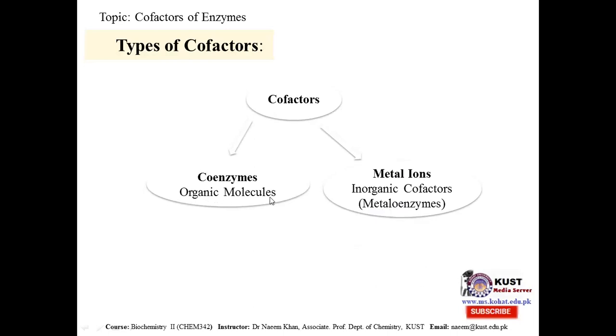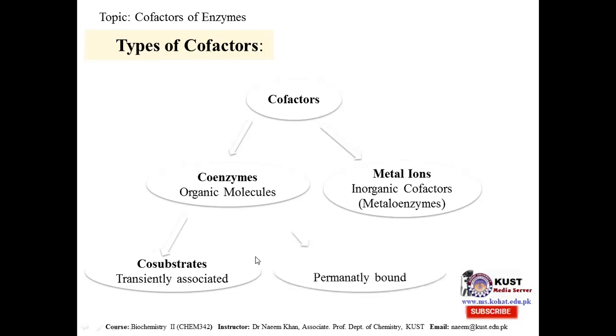organic molecules. Generally, they are termed coenzymes. But among the organic molecules, some are just co-substrates, meaning they are transiently associated with the enzyme for catalytic activity. They are termed co-substrates, while the coenzymes which are tightly and permanently bound to the enzyme for catalytic activity are termed prosthetic groups.